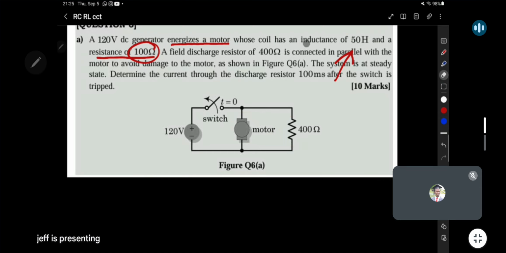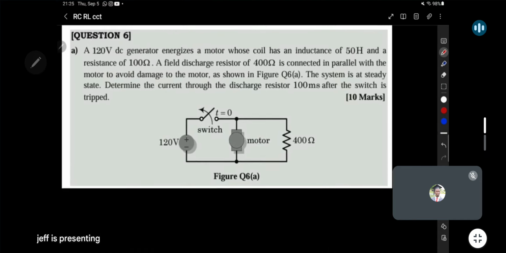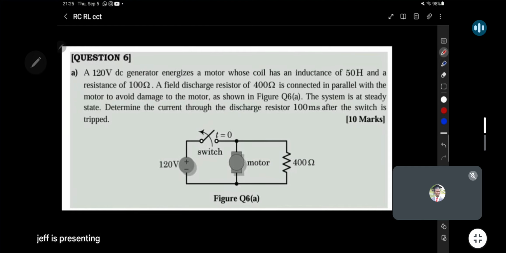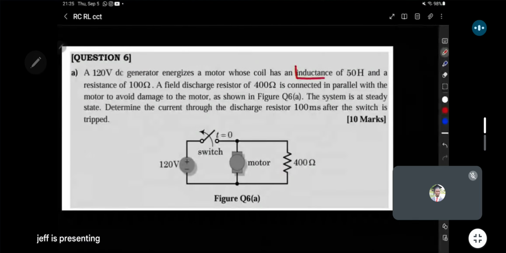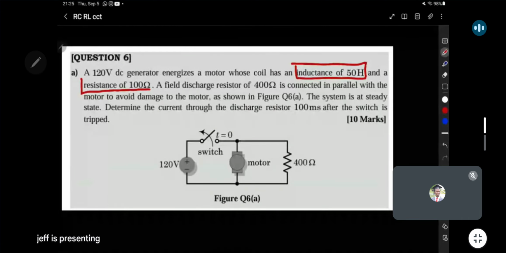Well, the first step is we see with the motor there, it might kind of throw you off, but let's interpret what the motor is doing to our circuit based on what they're saying. They're saying the motor is basically an inductor connected with a resistor. So let's show that.